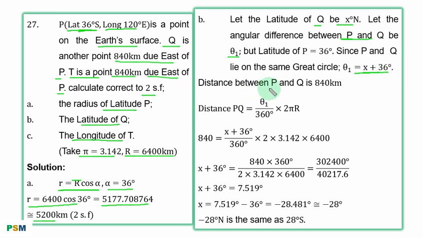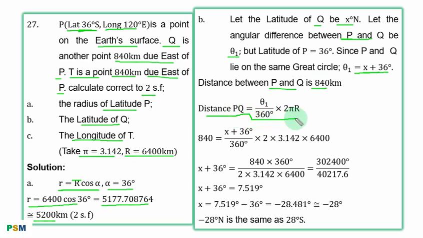Distance between P and Q is given to be 840 kilometers in the question. Now, the distance is along great circle. So distance PQ is equal to this.